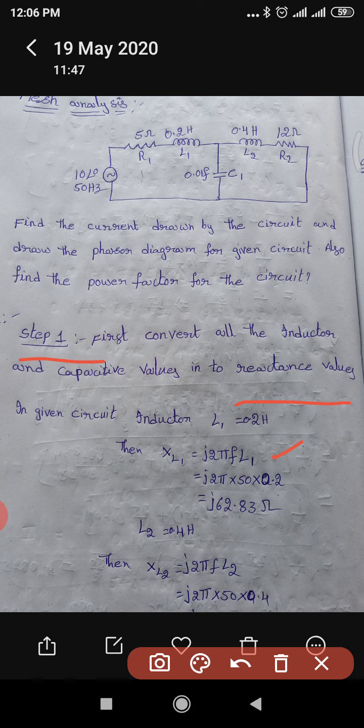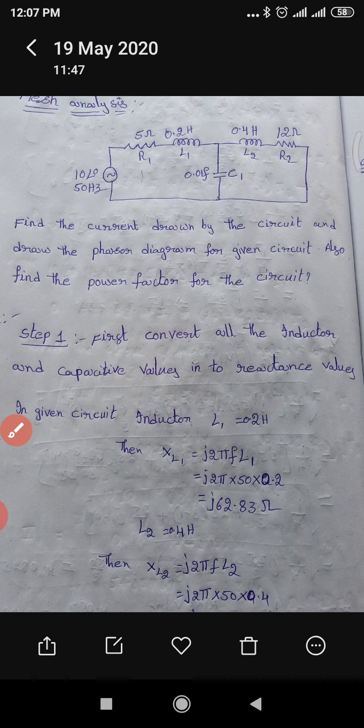So let us convert L1 into the reactance value. Here 2 pi FL, if you substitute these values, 2 pi, F is given in the circuit as 50 Hz, and L1 is equal to 0.2 henries. Substituting all these values, we get j62.83 ohms.